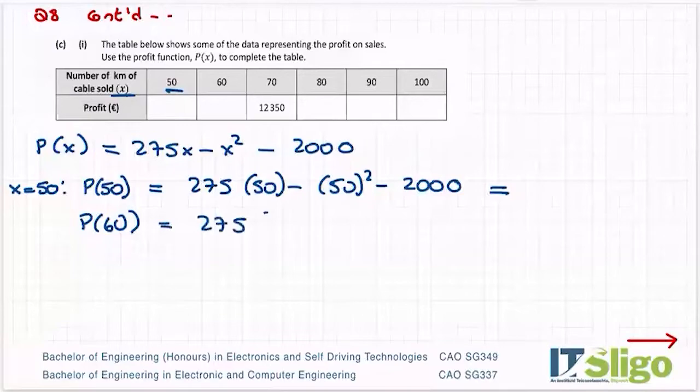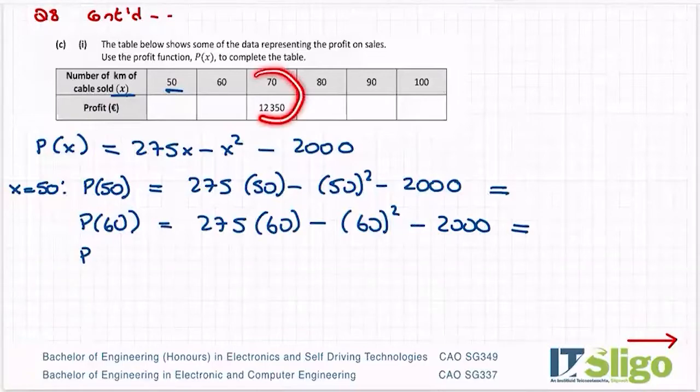So it's 275 by 60 minus 60 squared minus 2000 equals, okay? You don't have to do 70, but I often do 70 to make sure that I've got the right method. That's what I always use that for. So the very first one I would have done up here is the 70 to make sure that if I sub 70 in there, I'm going to get 12,350.